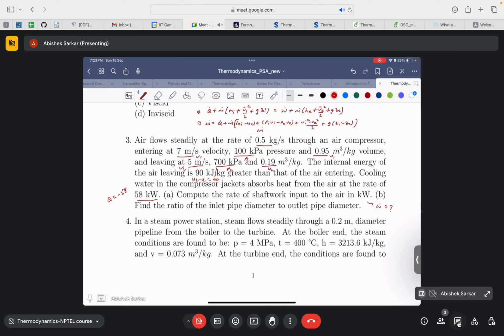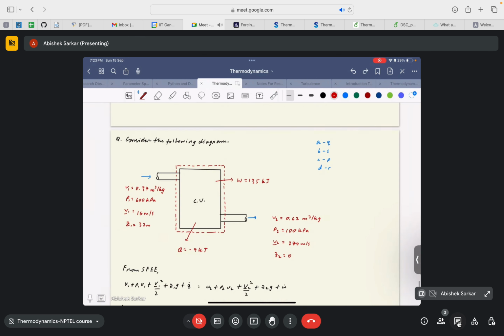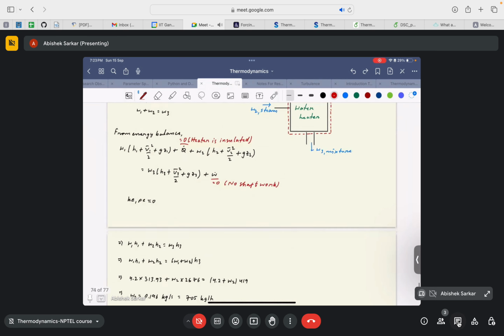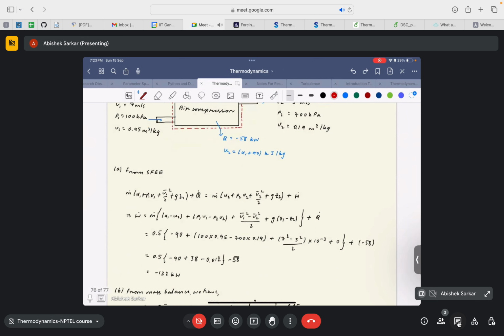I think we can look into the solution. So let us go to the solution once. I hope you tried. So let us look into the solution. Which question was this? So, yes, this is the one, right?